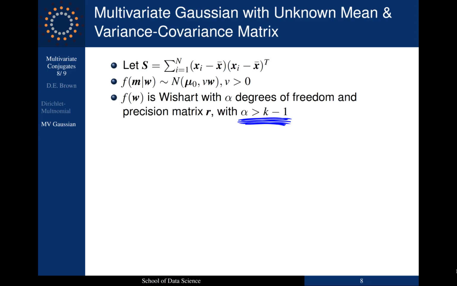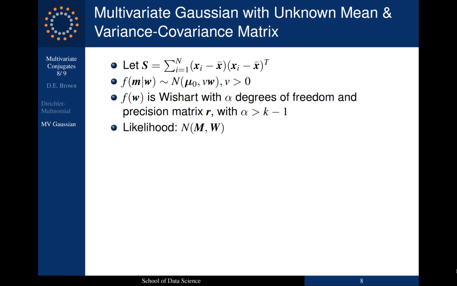So in the case of our testing, it would be 3, the 3 different tests that we had: math, verbal, and analytics. And in this case, we say that alpha has to be greater than 2, which is 3 minus 1.